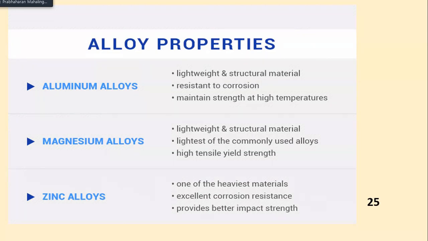Aluminium alloys are lightweight, structural material, resistant to corrosion, and maintain strength at high temperature. Magnesium alloys are lightweight structural material, the lightest of the commonly used alloys, with high tensile strength and high tensile yield strength.